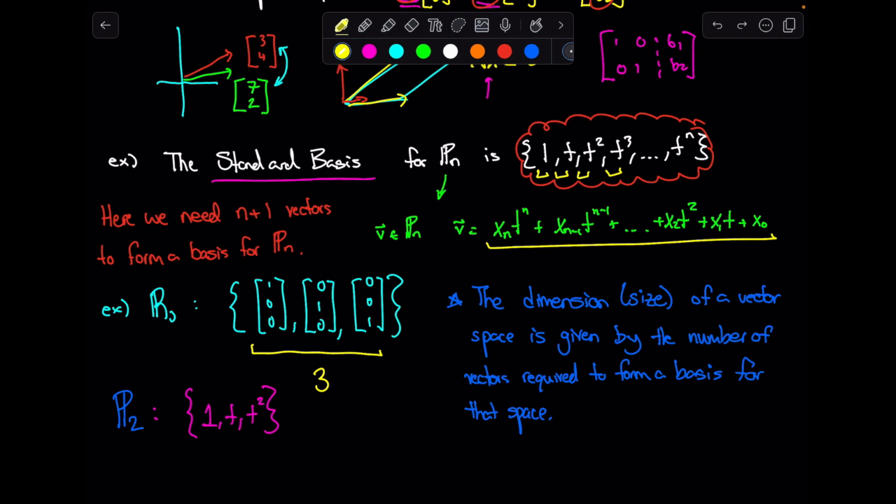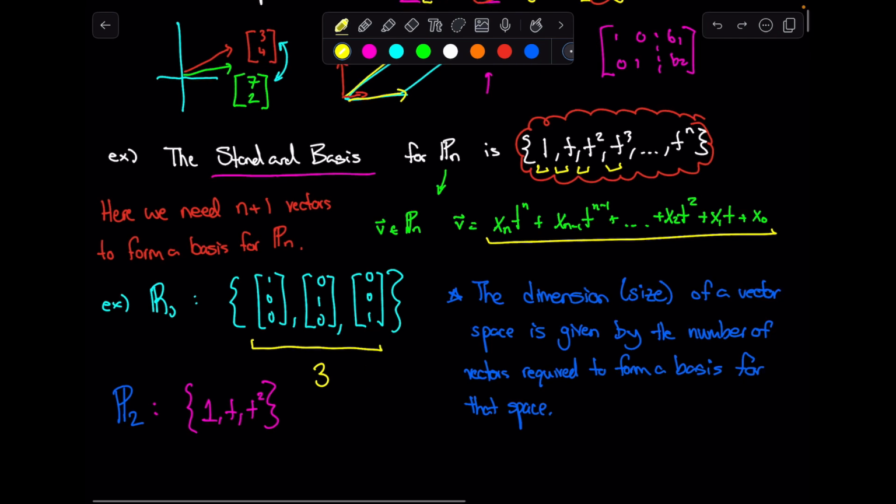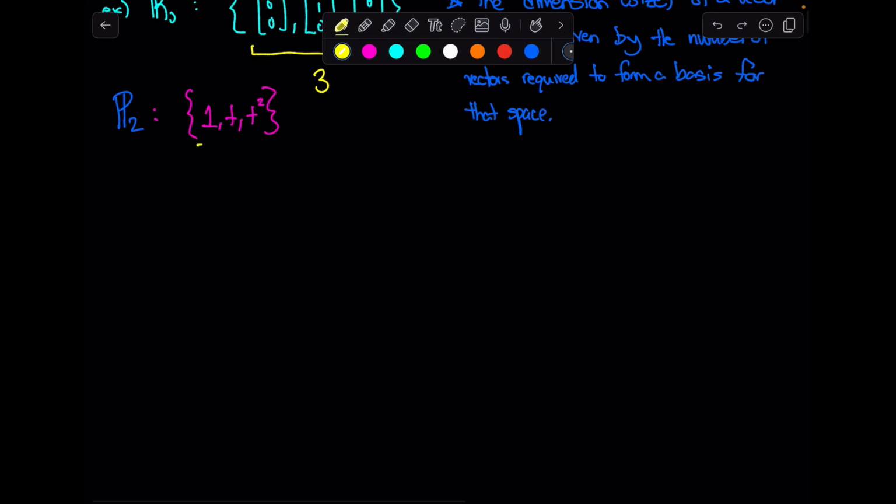Since your basis vectors make up everything else in the space, if you apply a linear transformation to these and see what's happening to them, you immediately know what's going to happen to every other vector in the space. That's a really nice side result of working with basis vectors.